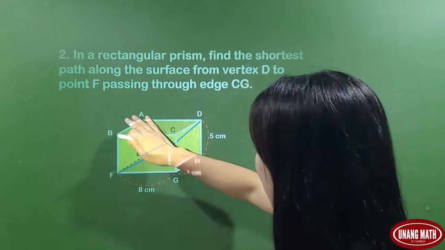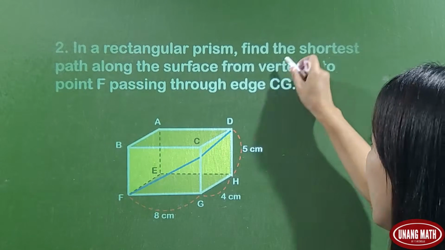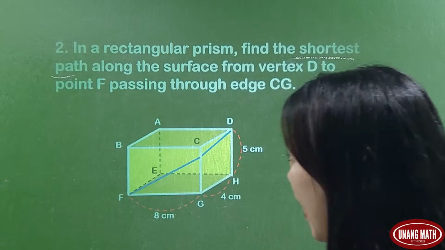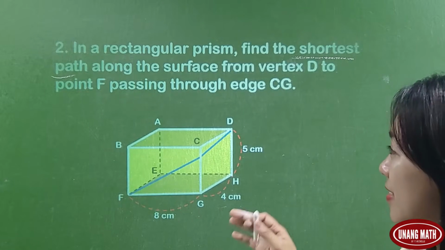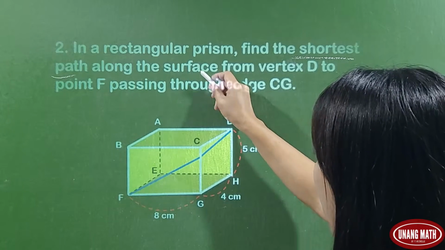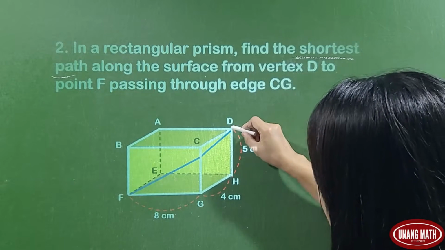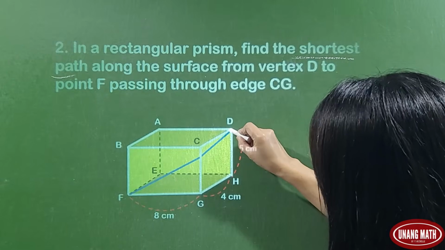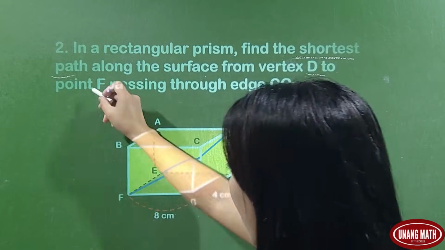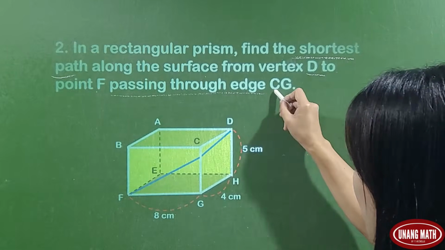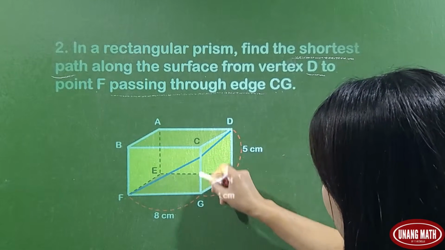Okay, again, this is a rectangular prism. It's asking us to find the shortest path or the shortest distance along the surface. So along the surface from vertex D, from this point or from this vertex to point F or to this point. But we have to pass through the edge CG.